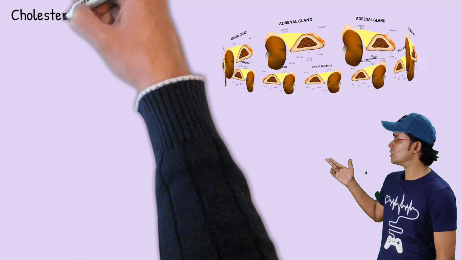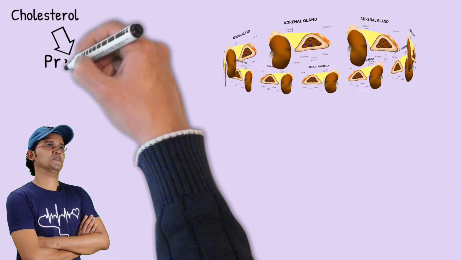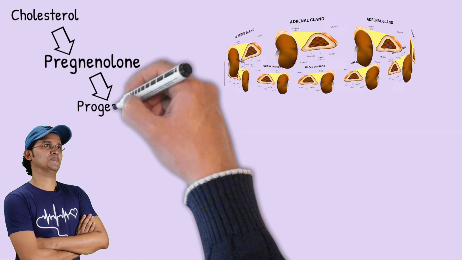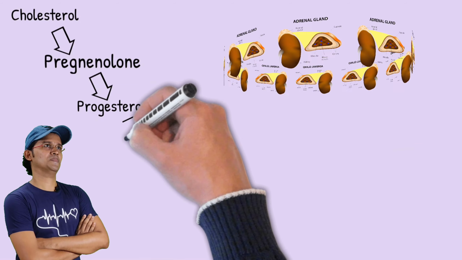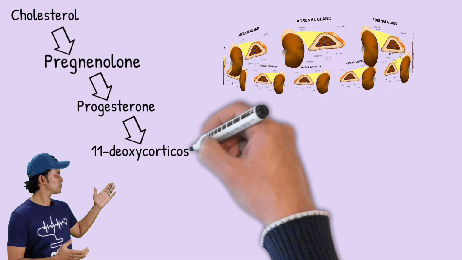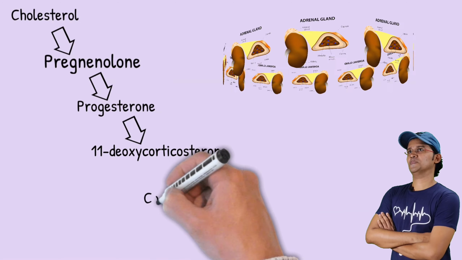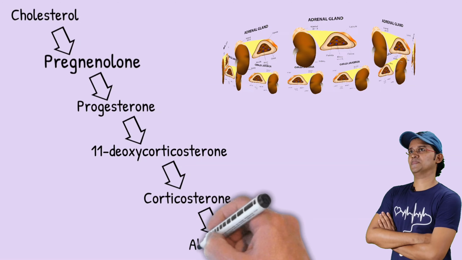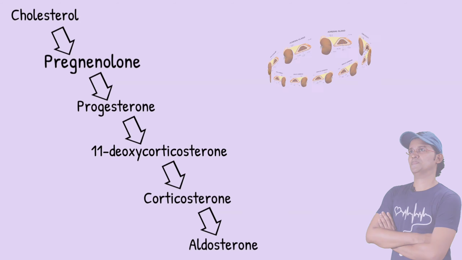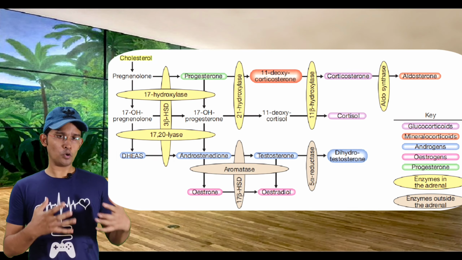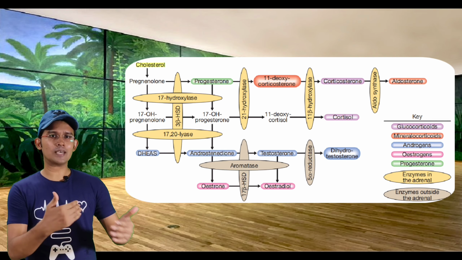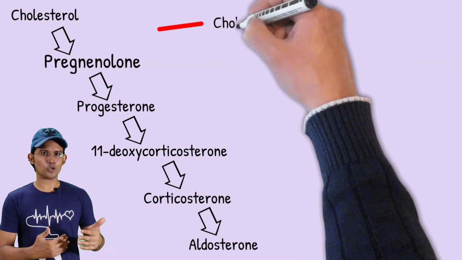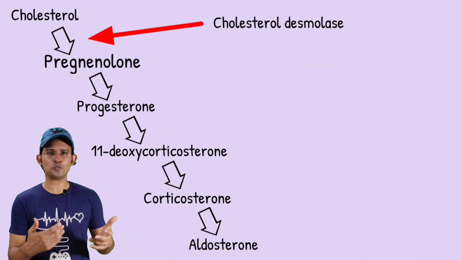Now we put enzymes within the steps. Firstly, from cholesterol to pregnenolone is done by cholesterol desmolase.